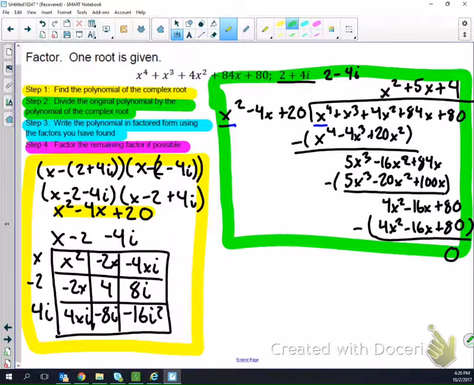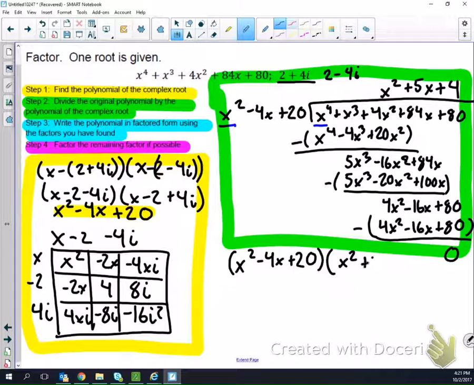Now we find what our two factored forms are. So now we've got our x squared minus 4x plus 20, and that is multiplied by x squared plus 5x plus 4, and there we go.